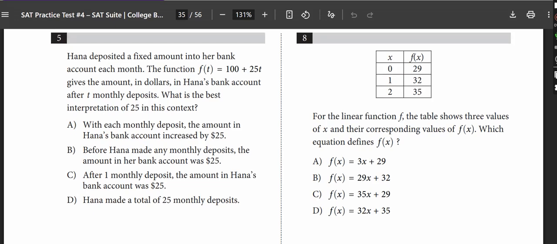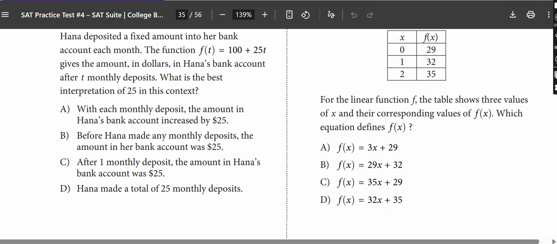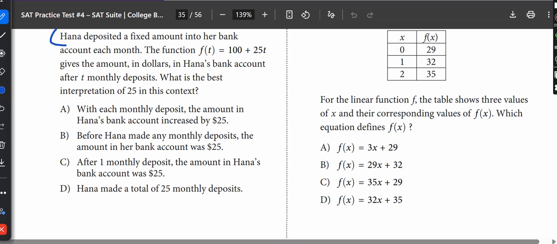Okay, now we are on question number 5, and these kinds of questions are very common on the SAT, as they test your ability to connect the concept of algebraic equations to the real world. Now we will read this. Hannah deposited a fixed amount into her bank account each month.